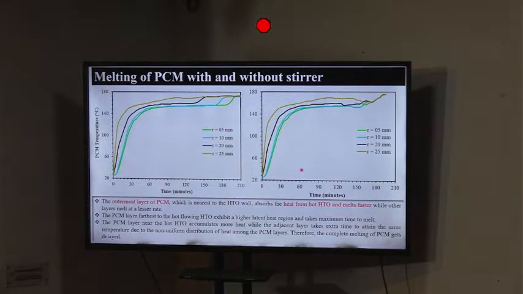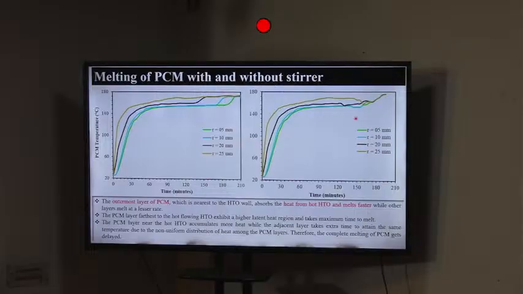We found very good results, where we found that the outermost layer of the PCM, which was not getting melted so fast when we were not having the stirring mechanism, actually started melting at a much faster rate, giving a better option of this thermal battery, having fewer hours to charge the battery at the expense of the 100 watt which we have utilized for stirring the system.